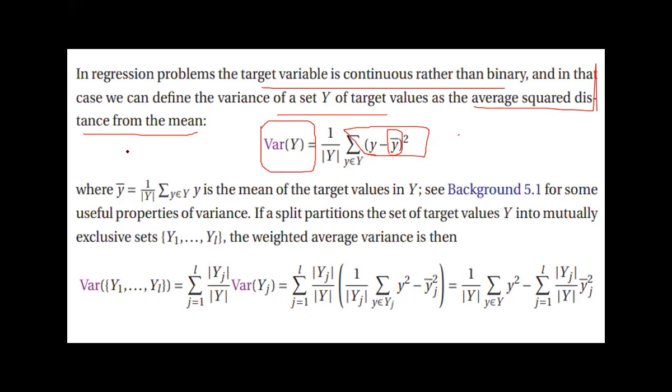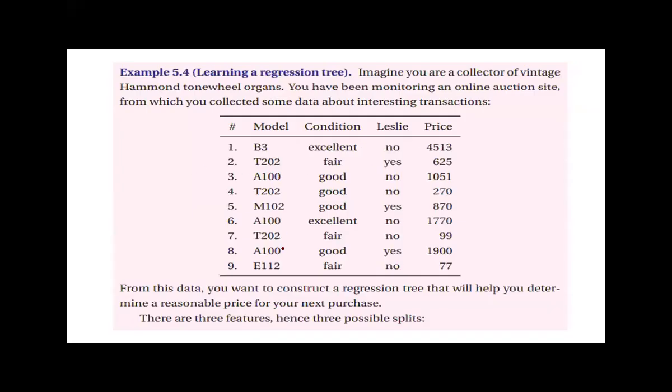So you have to calculate the average squared distance from the mean. See, if you take this example, how many different models are there? B3 is one model, T202 is another, A100 is the third, M102 is another, with A100 and T202 repeated, and E112.